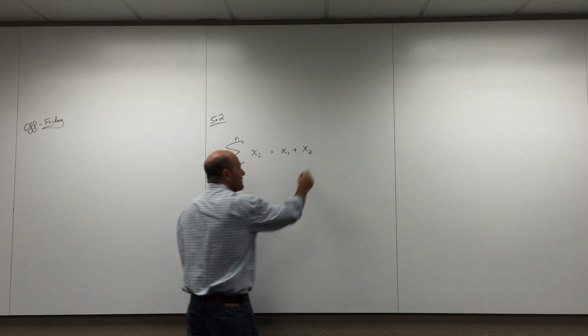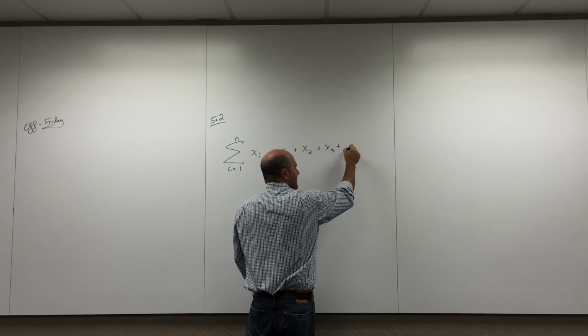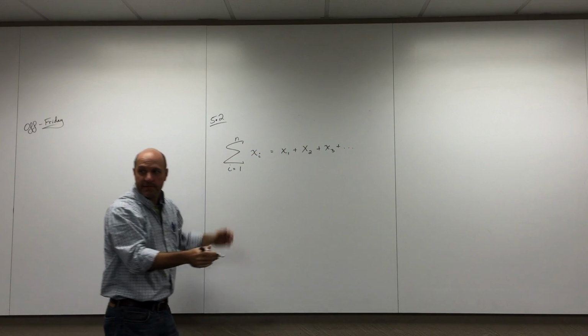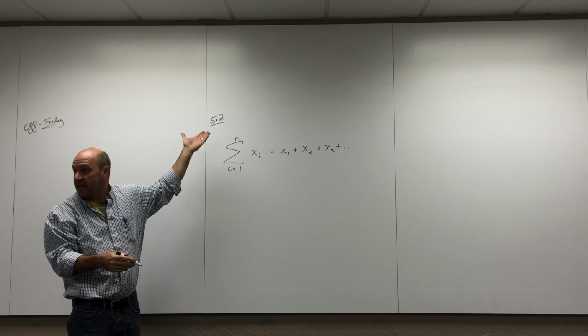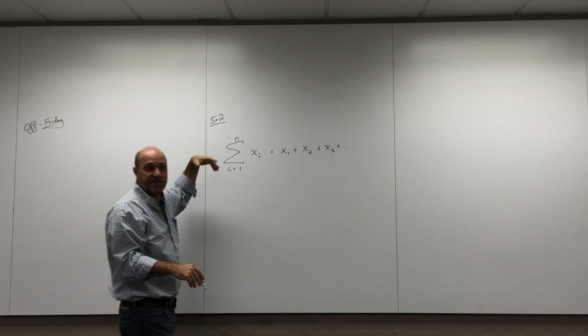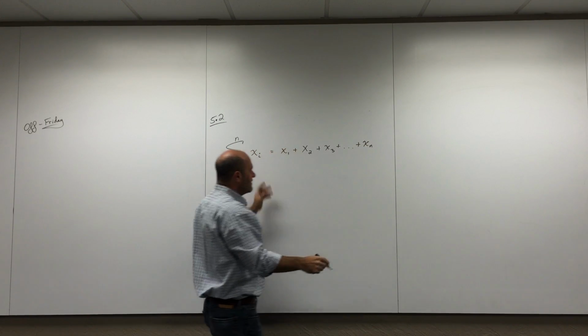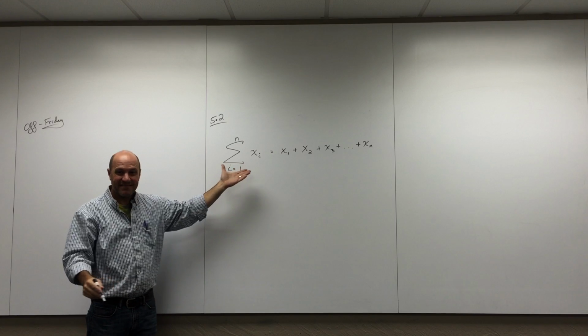So who's next? x3. And then maybe plus... Who's last? xn. You know, maybe that n is a 10. Maybe I'm adding up 10 things. But it's just n at the moment. So it's xn. Are you guys okay?